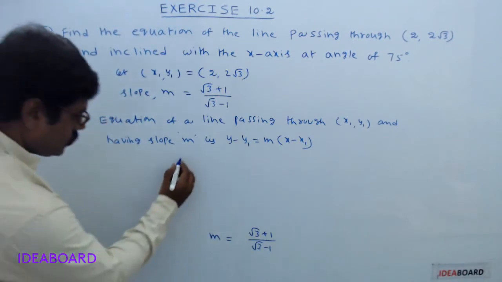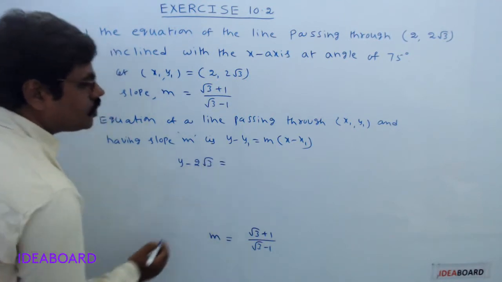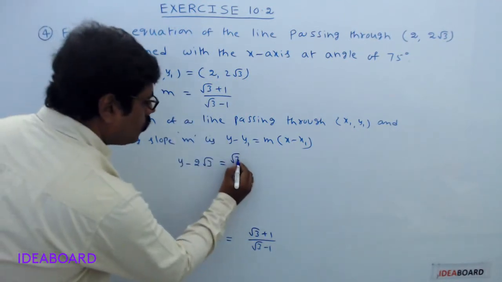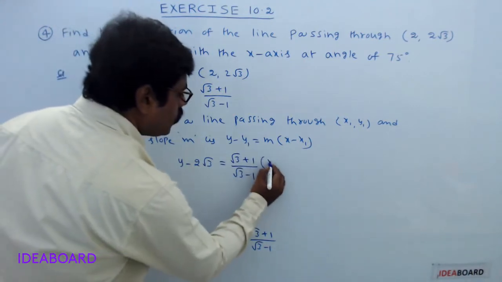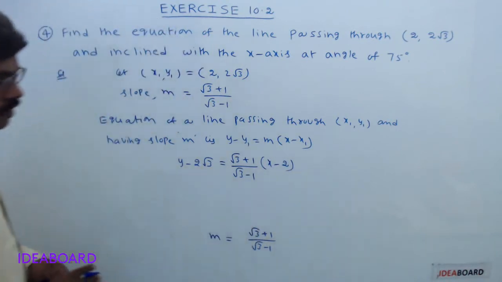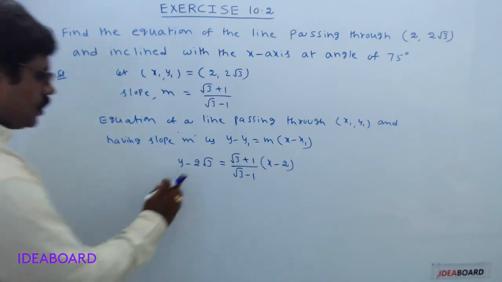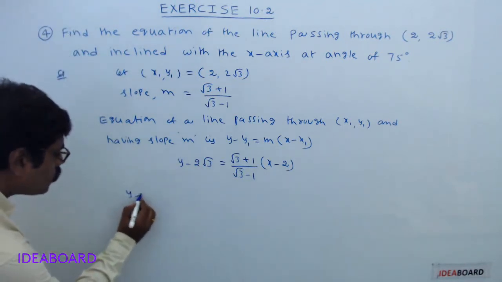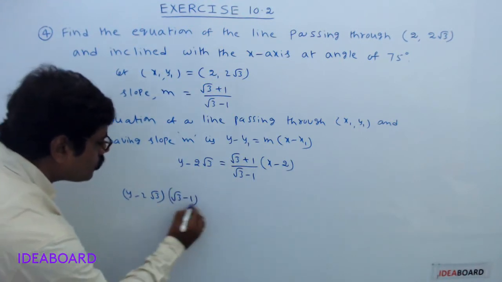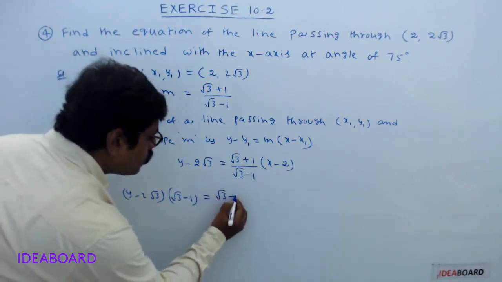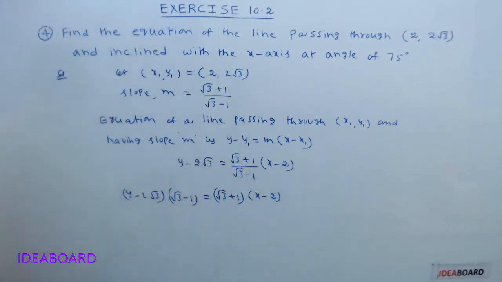Substitute the corresponding values. y minus y1, which is 2 root 3, equals the m value (root 3 plus 1) divided by (root 3 minus 1) into (x minus x1). Now do the cross multiplication. This is (y minus 2 root 3) into (root 3 minus 1) equals (root 3 plus 1) into (x minus 2).